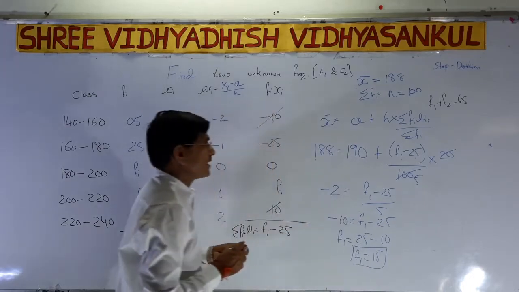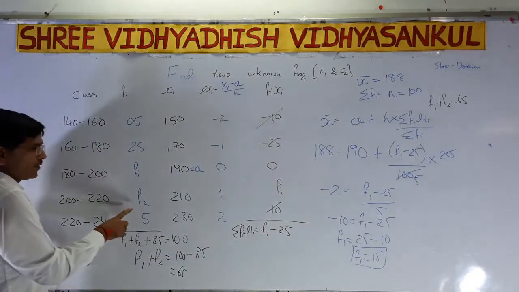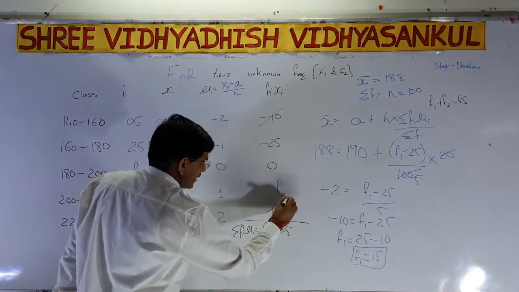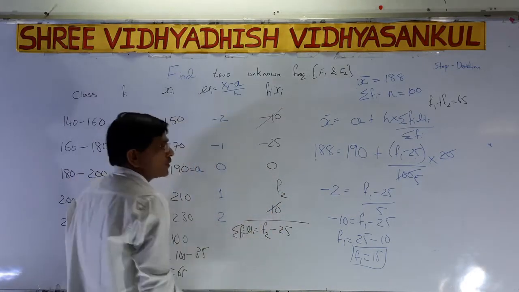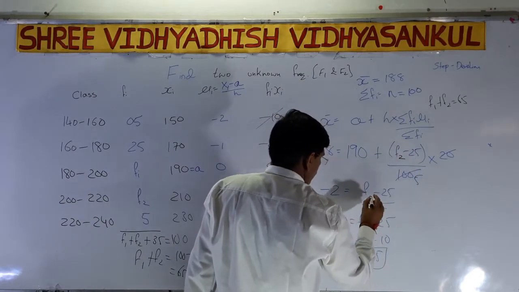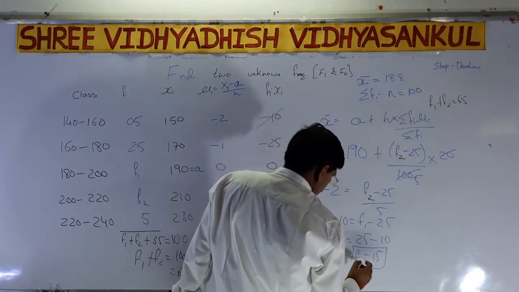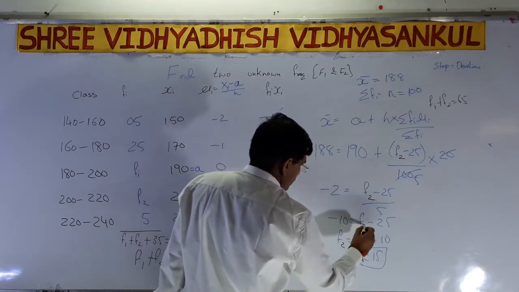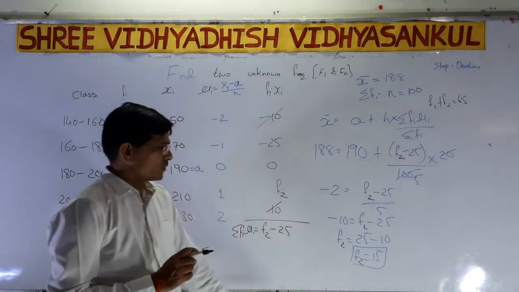Now we have to check whether it is F1 or F2. If we made a mistake, then here it is F2. So here we have to write F2. So the F2 value is 15.